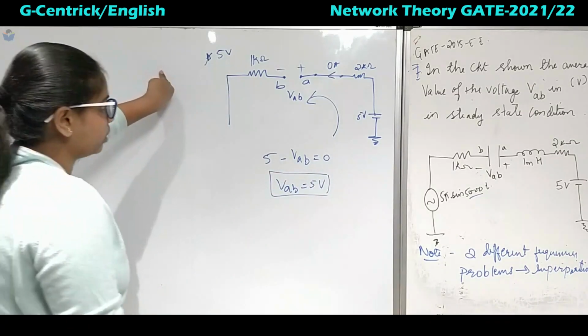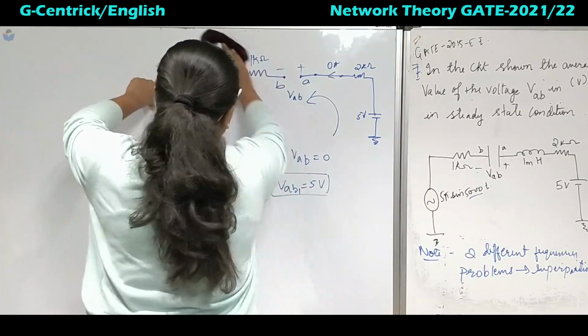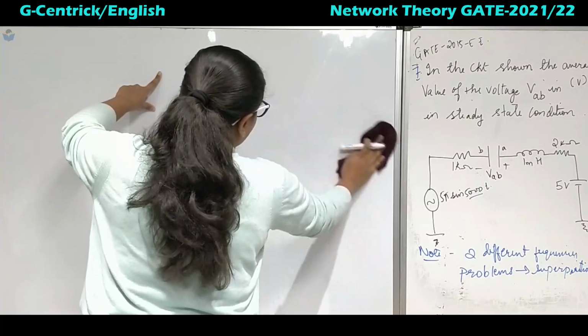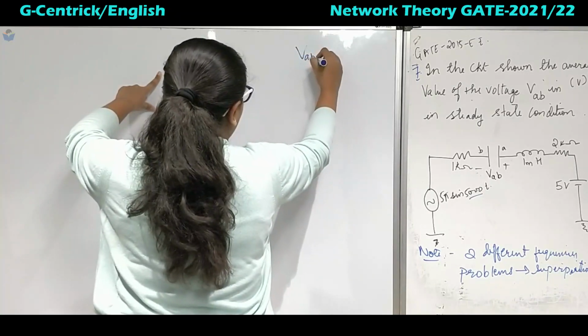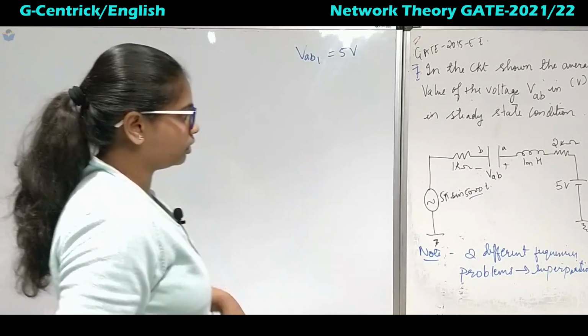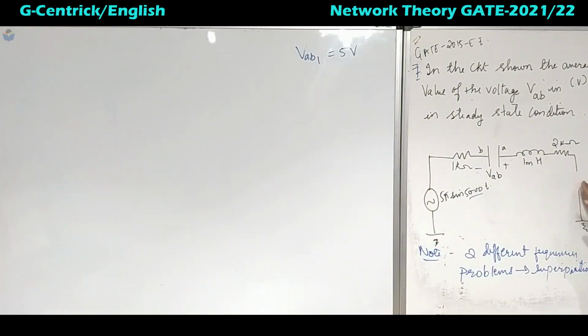Okay. So now this we have got, so this will be VAB1. So now I will write the value of VAB1 as 5 volts. So in this circuit only, next we will take this source as active and this we will short circuit.